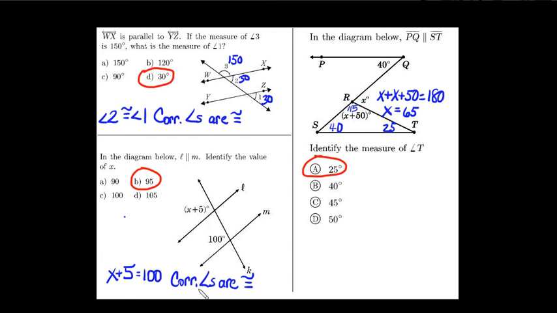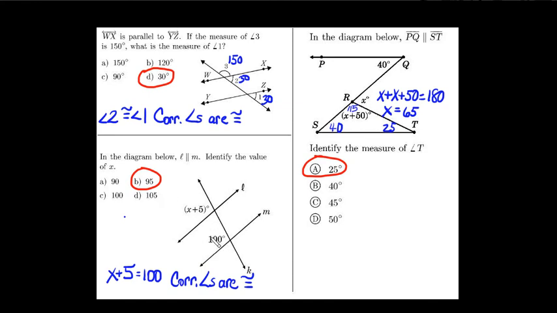So if I set this equal to 100, x has to be 95 because of the corresponding angles.